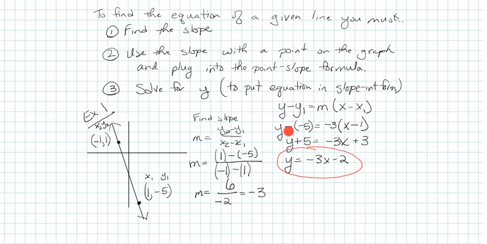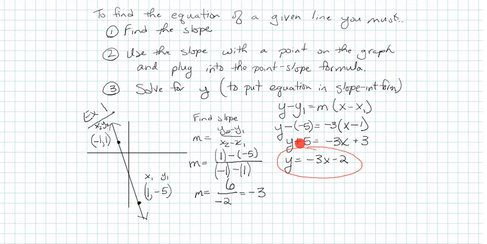On the left side, y minus a negative 5 is the same as y plus 5. So we've made that change, and that's going to equal negative 3x plus 3 as we distributed the negative 3 to each part of the quantity.